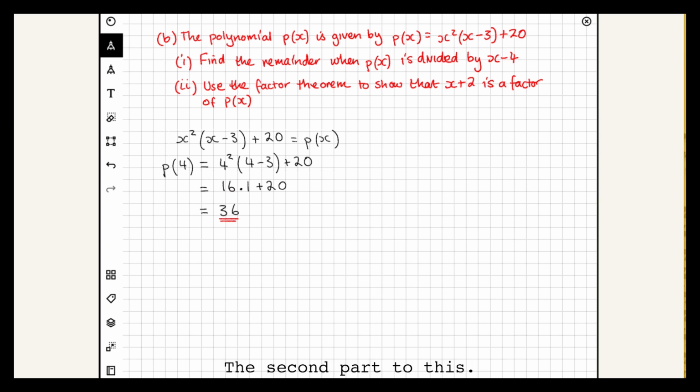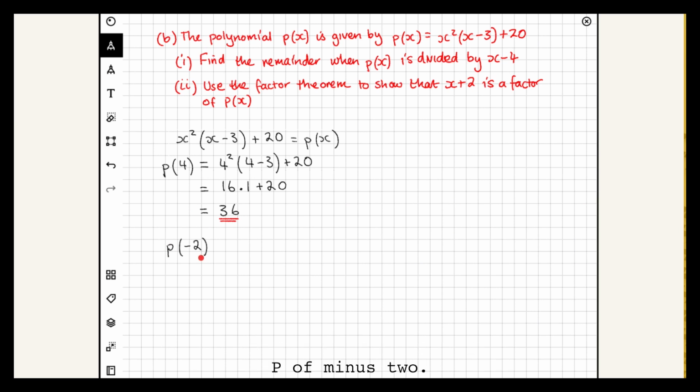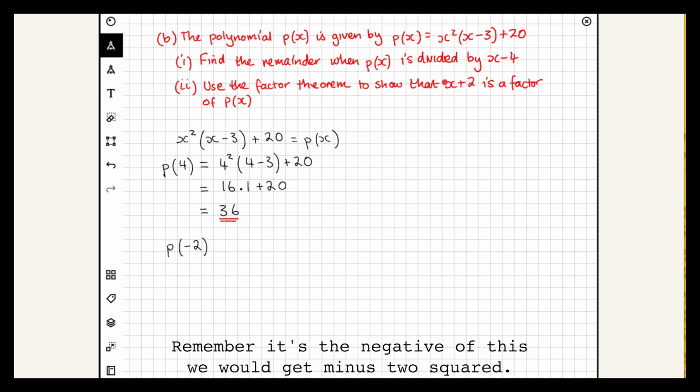The second part to this: use the factor theorem to show that x plus 2 is a factor of p of x. The factor theorem would suggest that if we put in p of minus 2, so we substitute in minus 2 here, remembering it's the negative of this, we would get minus 2 squared.